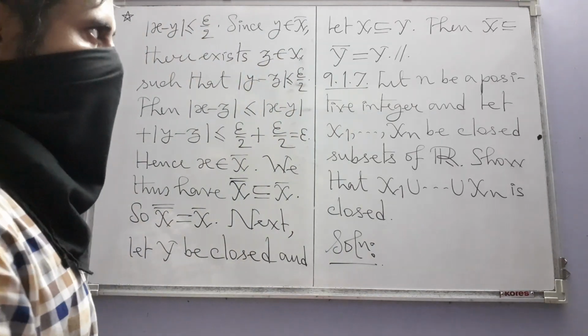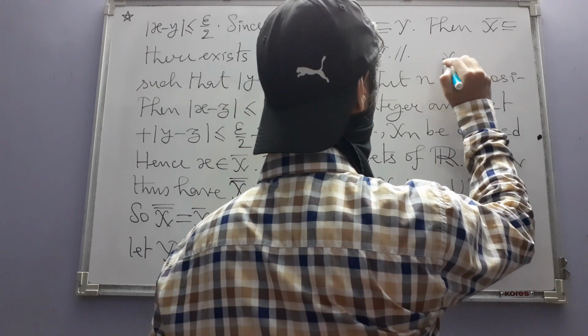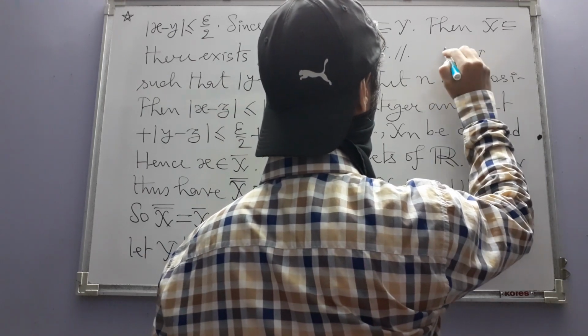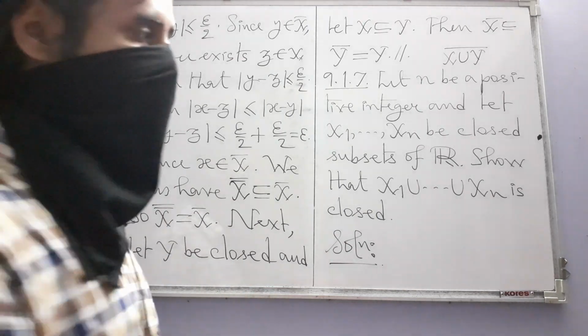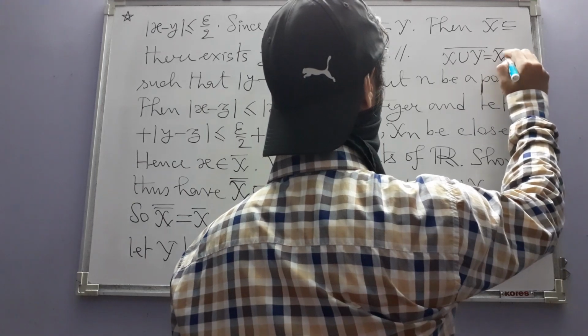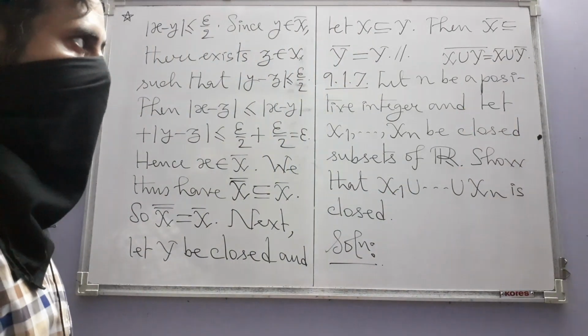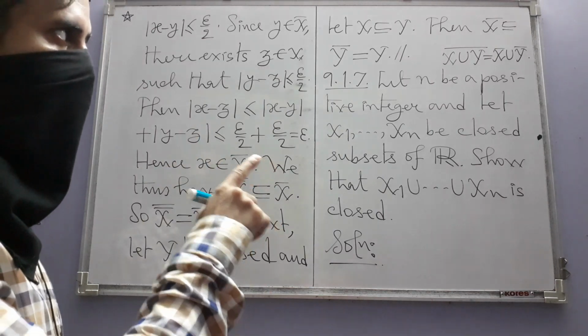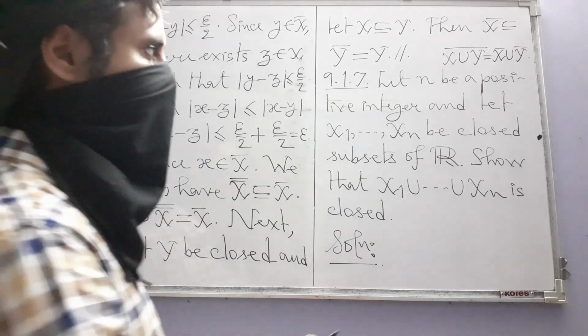Do you remember the property that involves closure as well as union that we proved in lemma 9111, that when we have union, then closure distributes itself over the union.